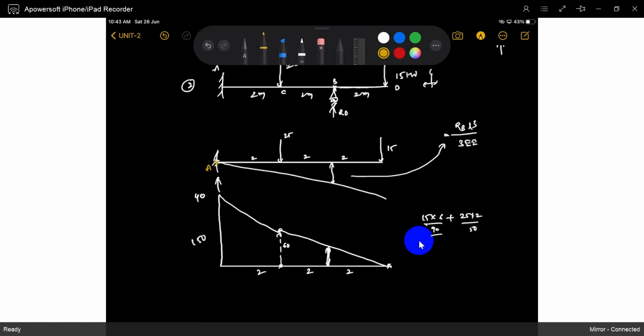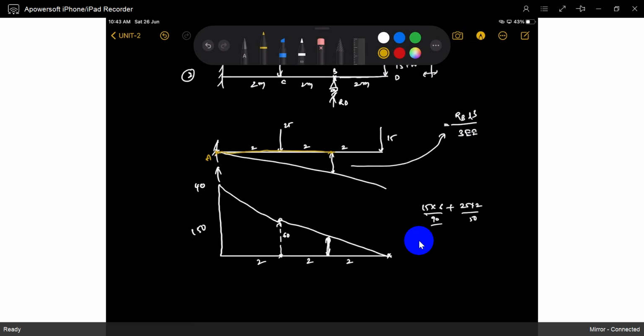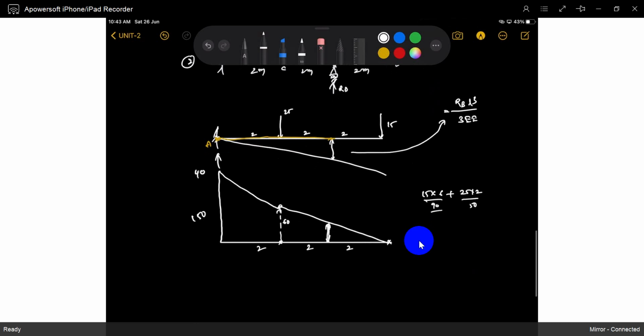If you draw a tangent at A, directly by the moment of the curvature it will give the deflection at this location, because the slope and deflection at A are 0. Are you understood? So everything is divided by A.